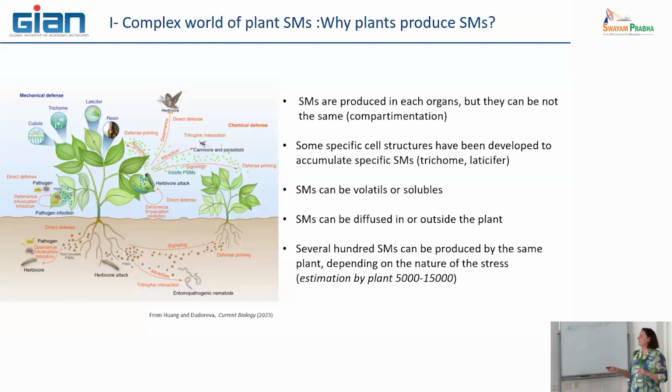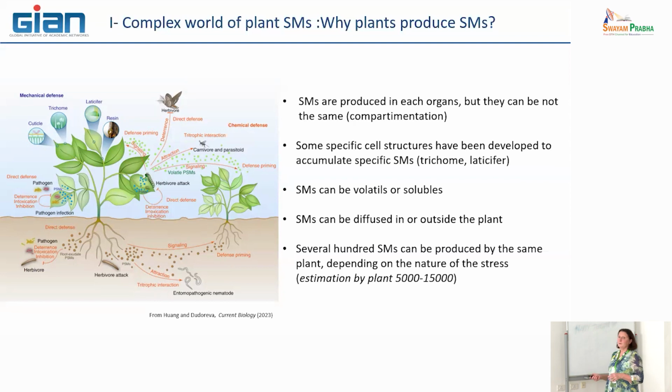And when they are volatile, they can diffuse outside the plant. We have seen an example, but they can also diffuse into the plant. It's another type of system of working.